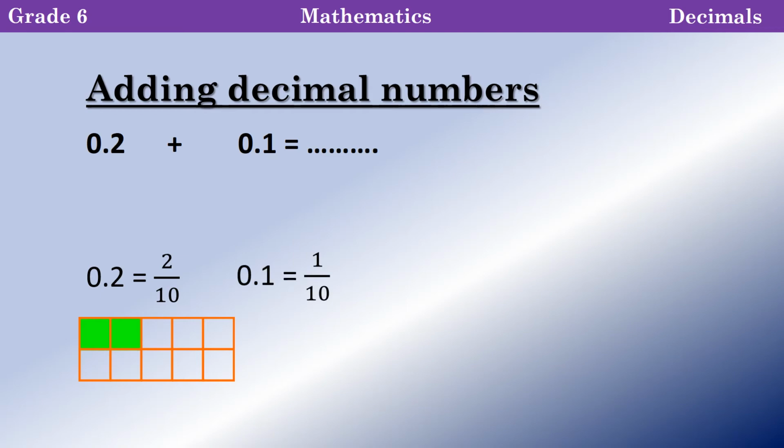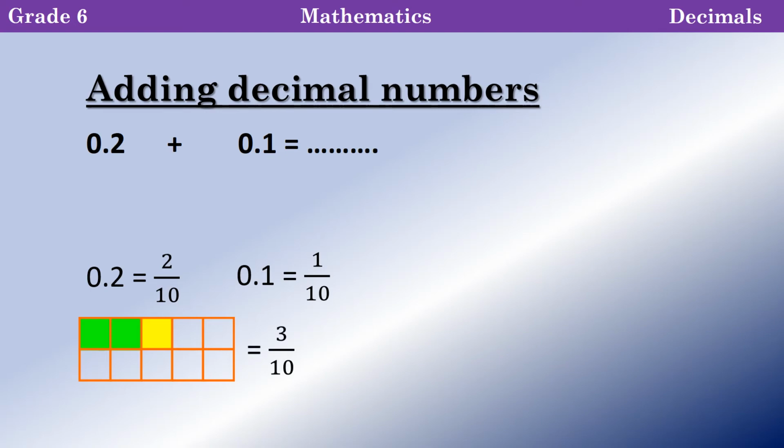Similarly, when 0.1 is written as a fraction, it is 1 over 10. And when it is represented in yellow color, it is 1 part out of 10 equal parts. Now we can see that altogether the total number of colored parts is 3 out of 10.